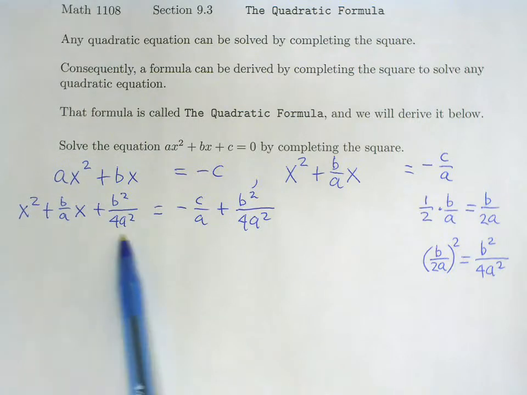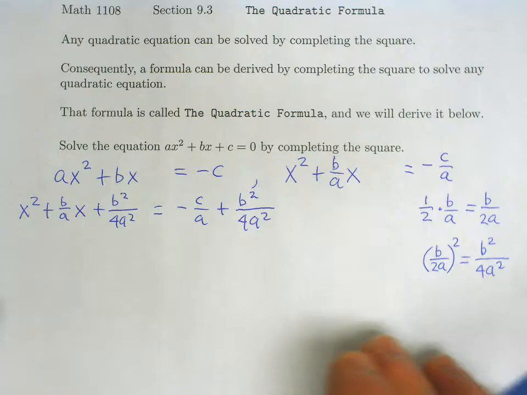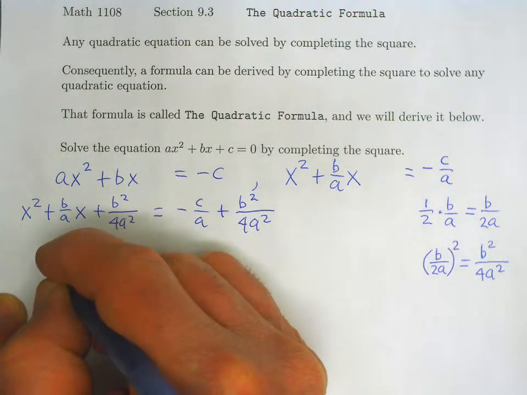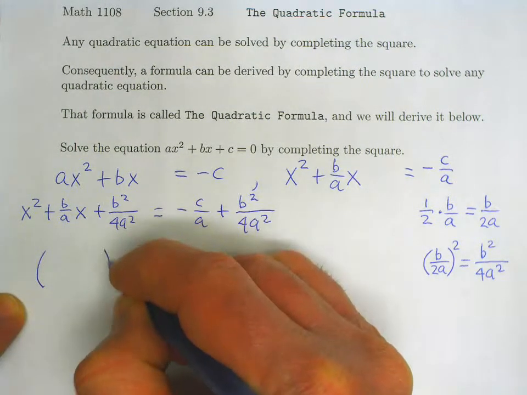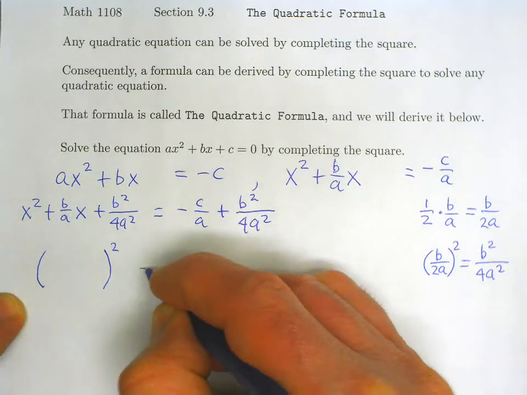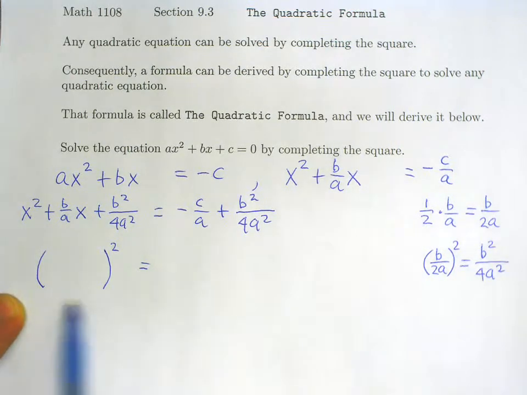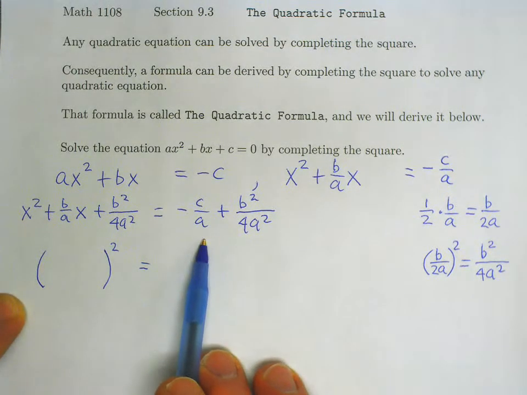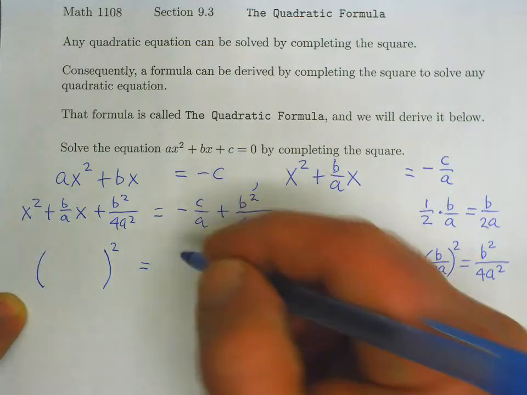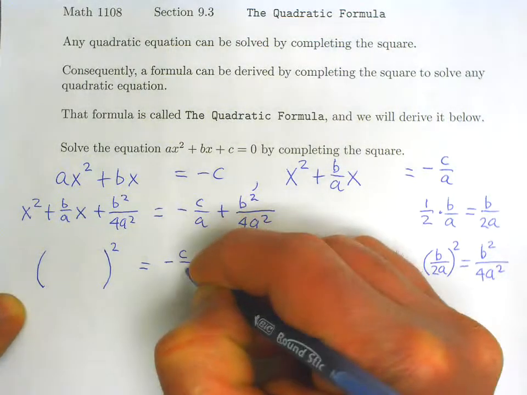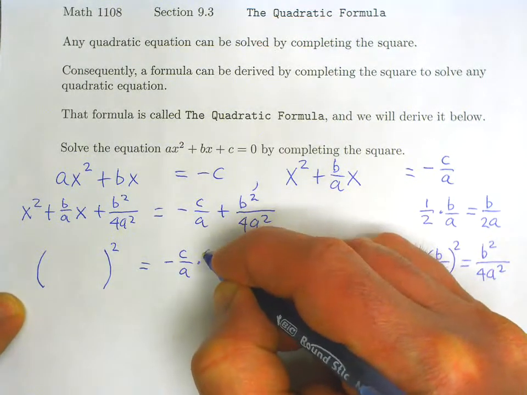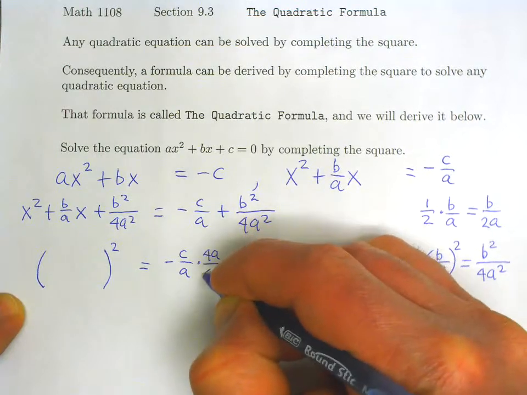This is a perfect square trinomial. So how do we determine what binomial we have to square? Think about that. I'll start working on the right-hand side. We have to multiply negative c over a times 1 in the form 4a over 4a.